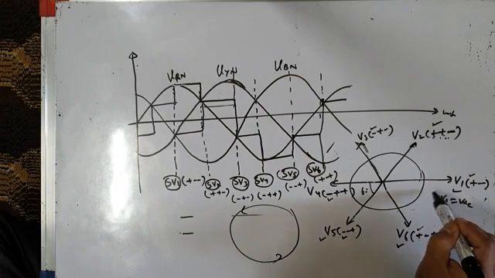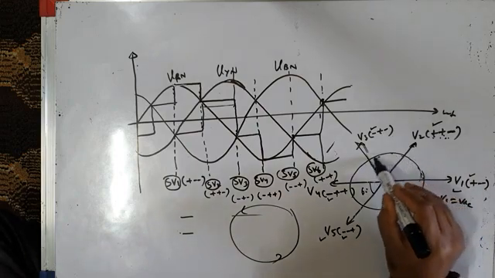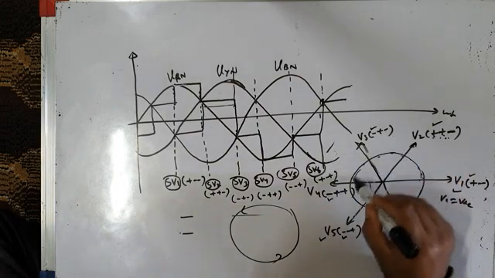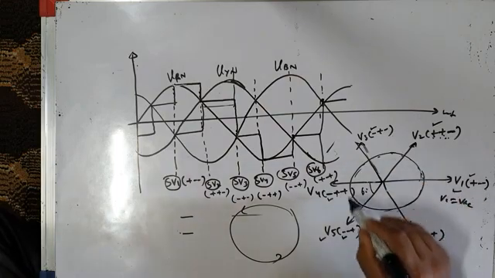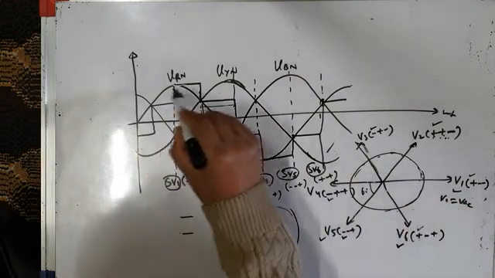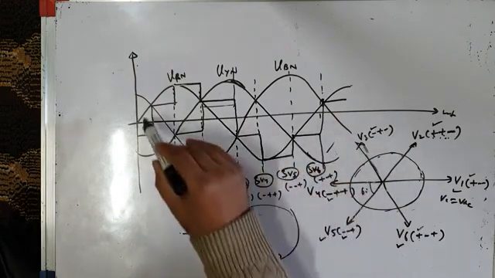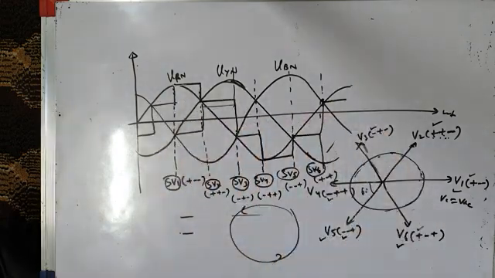This voltage vector should also be rotating continuously within this circle. It should trace this circular path, circular trajectory, and that will represent my three-phase sinusoidal voltages VRN, VYN, VBN. How to produce that rotating space vector? We'll discuss that inshallah in next class.